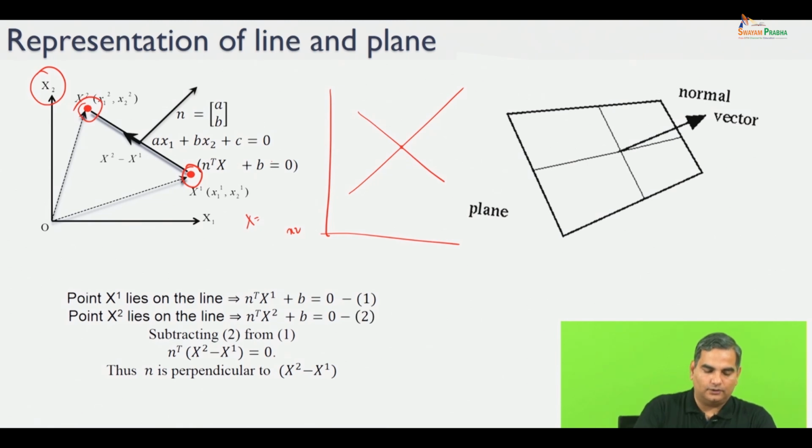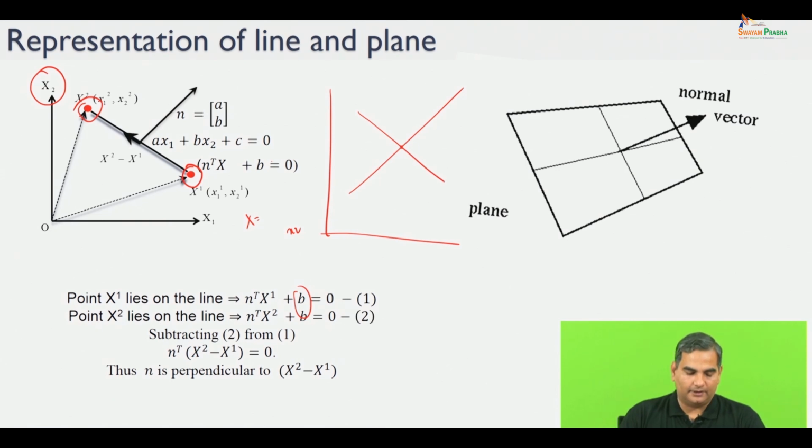And when I substitute x2 into the line equation, that should also be satisfied. So, n transpose x2 plus b equals 0. Now, what you could do is subtract the first equation from the second equation, the b's will get cancelled, and you will have n transpose (x2 minus x1) equals 0.